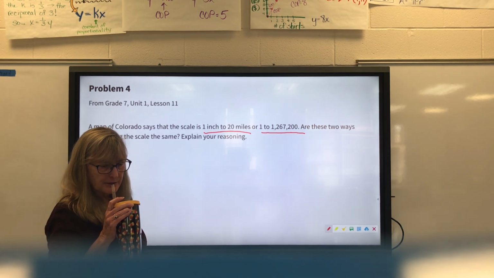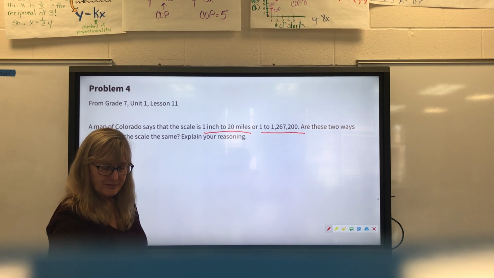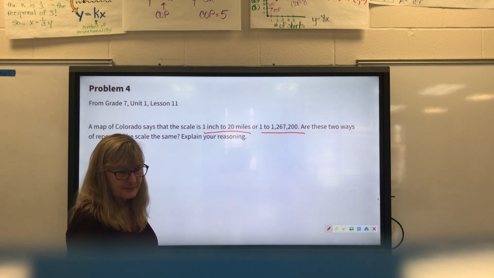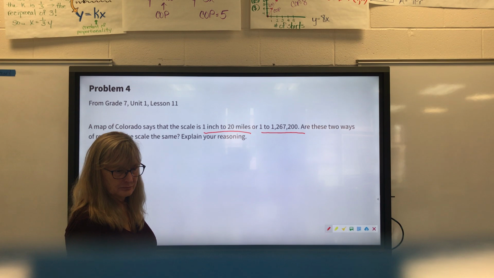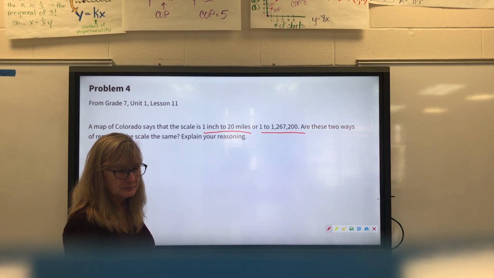Anthony, what's different about the two scales? I'm not sure. Okay, Chloe, help him out. So one thing I see is the first one says 1 inch to 20 miles, but the second one doesn't give a unit.